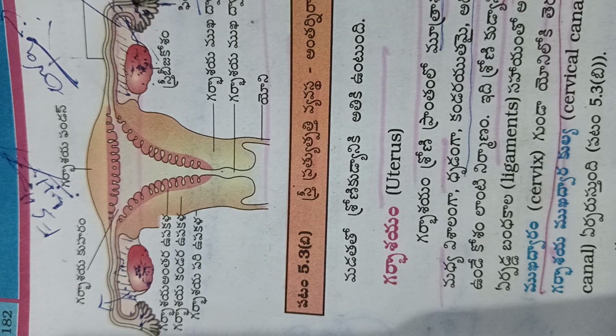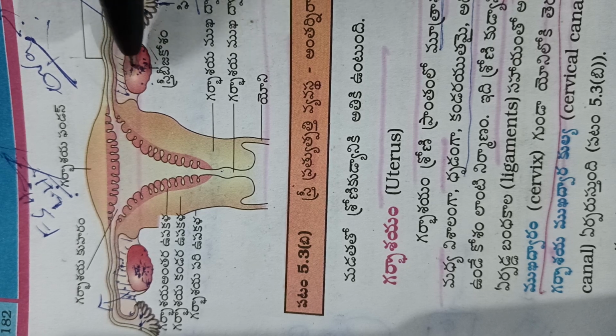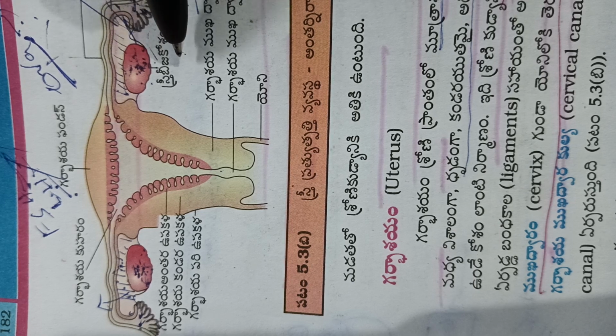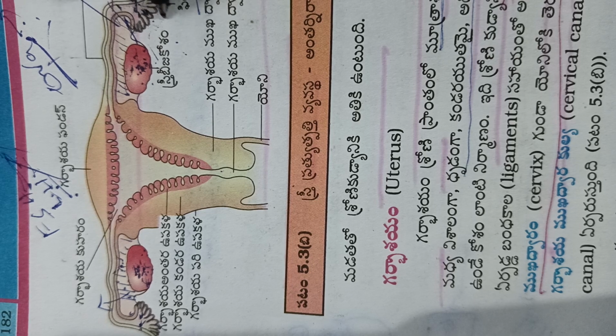At the edges of the infundibulum, we can see some finger-like projections. These finger-like projections are called fimbriae. They collect the ovum. Whenever the ovary releases the ovum, it is released into the body cavity. This ovum is collected by the fimbriae and stored in the fallopian tube, in the ampulla.